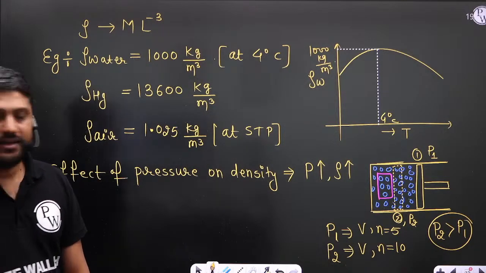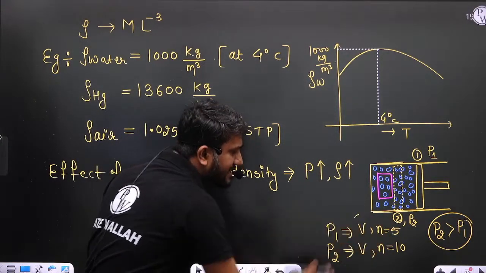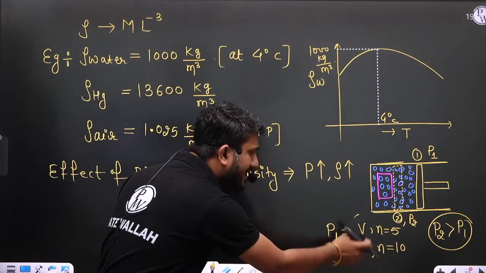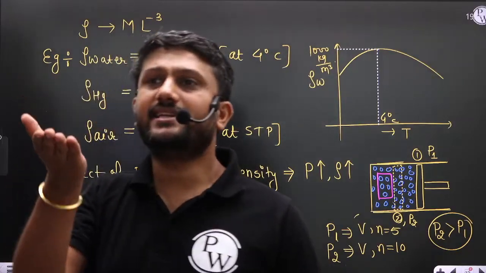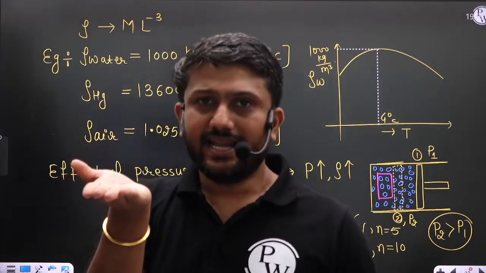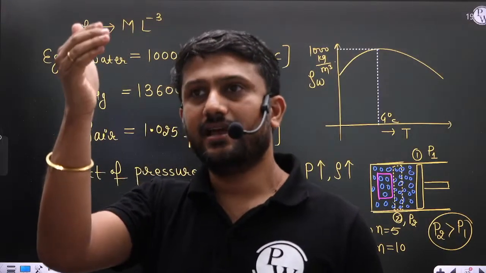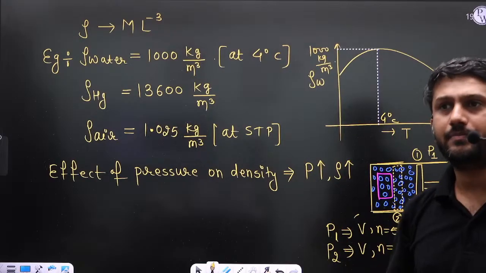Is it fine now? When the pressure increases, in the same volume, the number of particles will be 10. So the number of particles increases, that means mass increases. So in a given volume, mass increases, so density increases. Density is mass per unit volume.